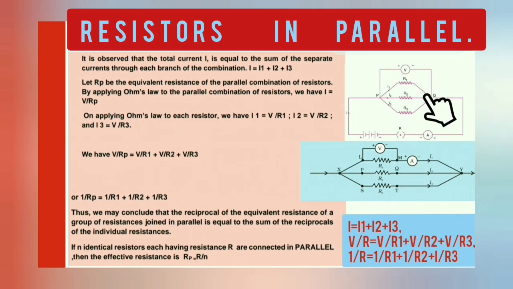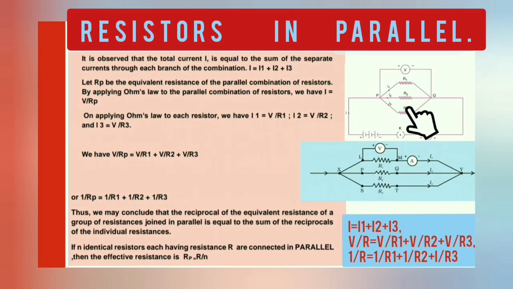And here, the voltage across all the three resistors is the same, because we connected this voltmeter parallel to all the resistors, and the ammeter is also measuring the main current through all three resistors. We will see what will be the change in the voltmeter reading and ammeter reading in these two cases.